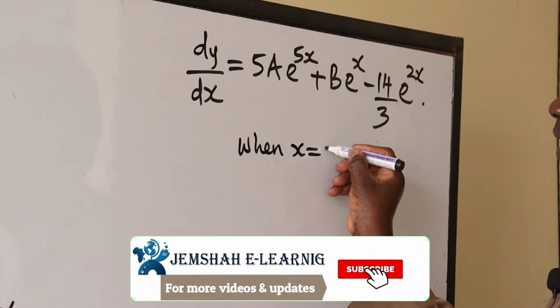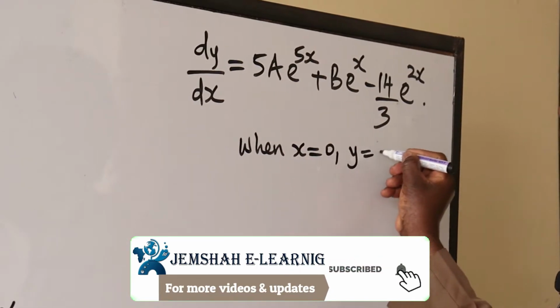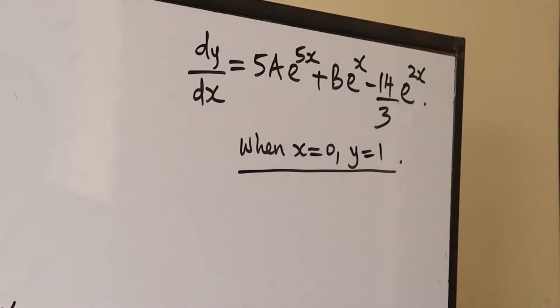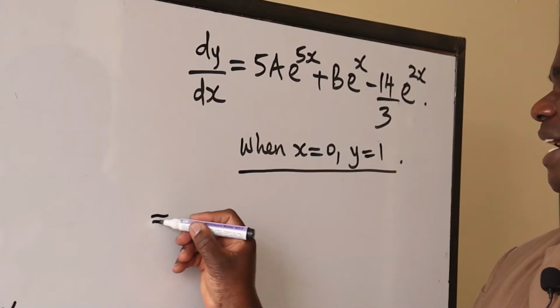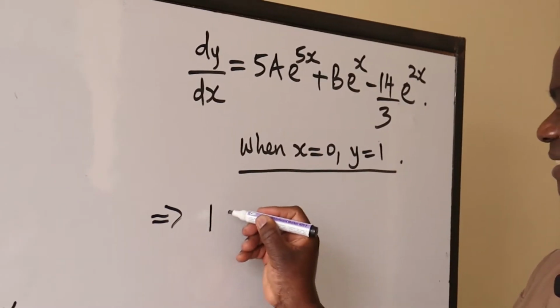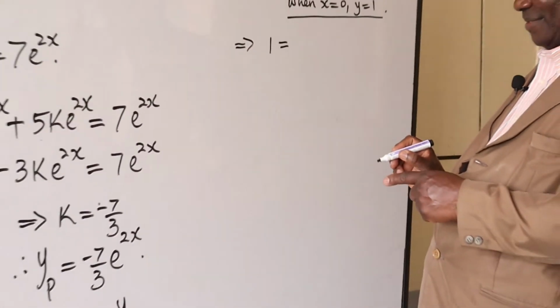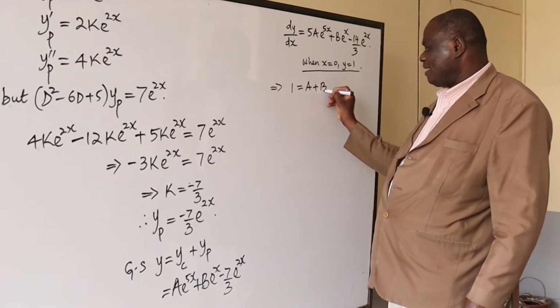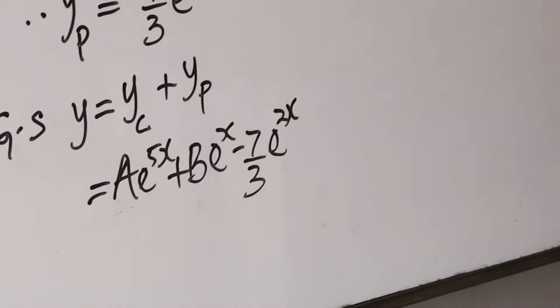Picking on the conditions, when x is equal to 0, y is equal to 1. Now our y is 1, x is 0. So we'll be having a plus b minus 7 all over 3.